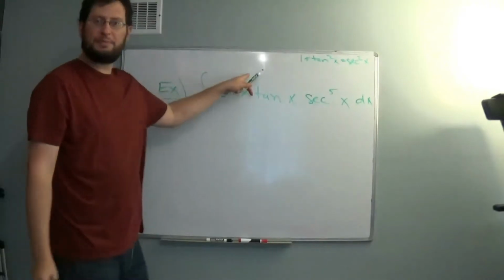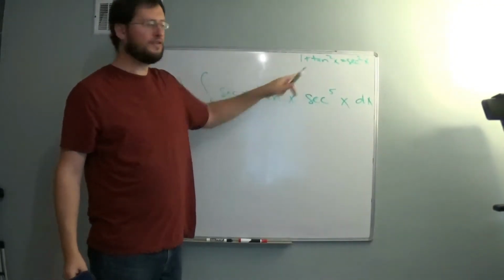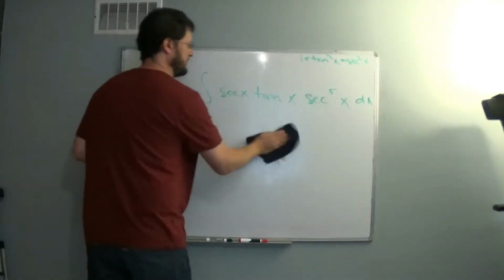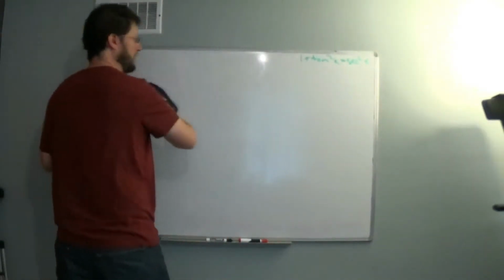If we have an odd power of secants and an odd power of tangents, we'll be able to make that work.